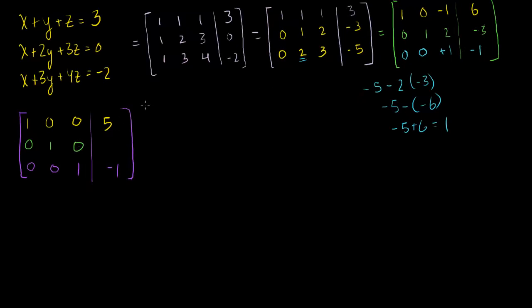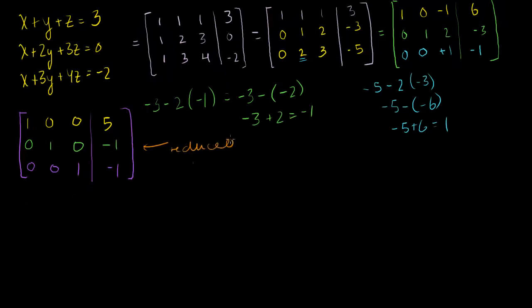Let me write that down. Don't want to make a careless mistake. So what is that equal to? This is equal to minus 3 plus 2, which is equal to minus 1. And now I have my augmented matrix in reduced row echelon form.